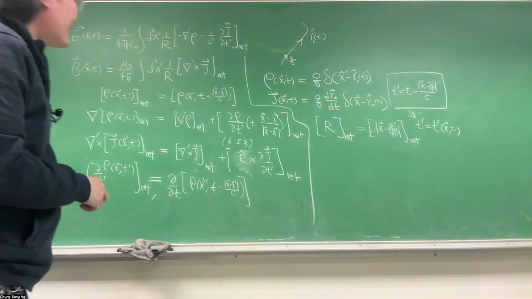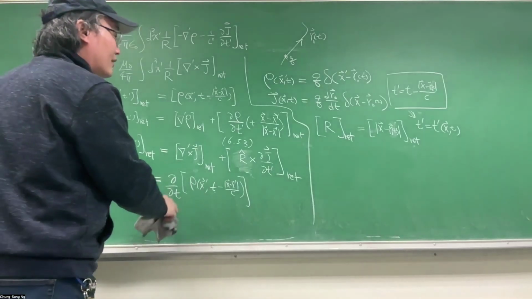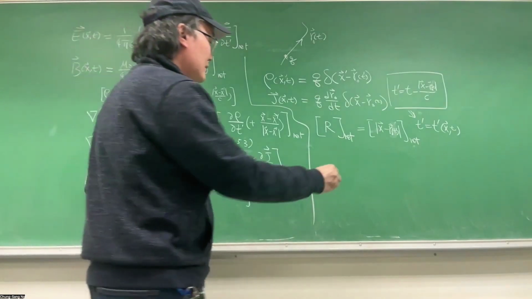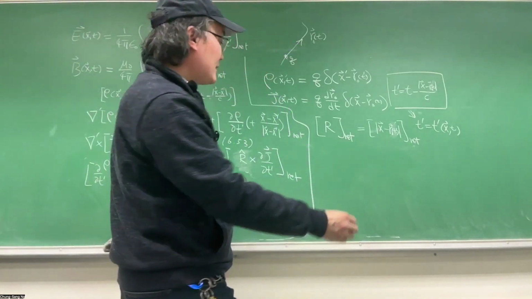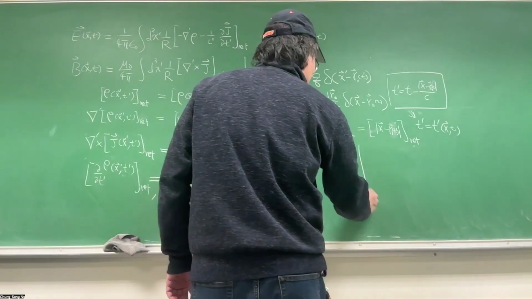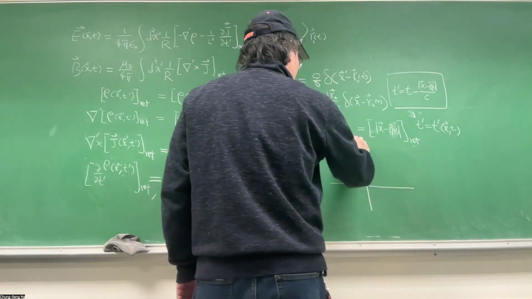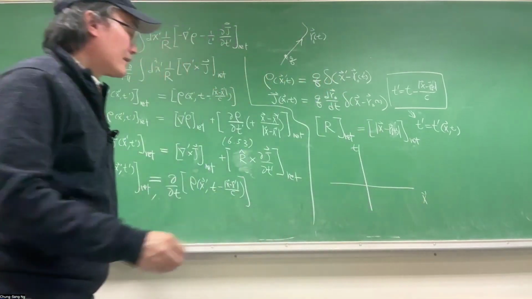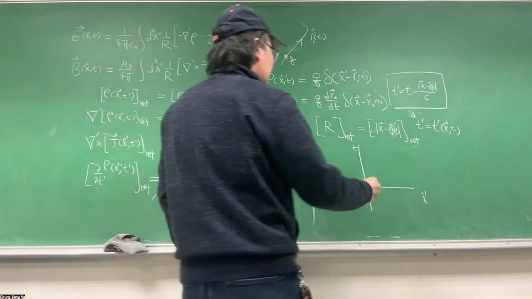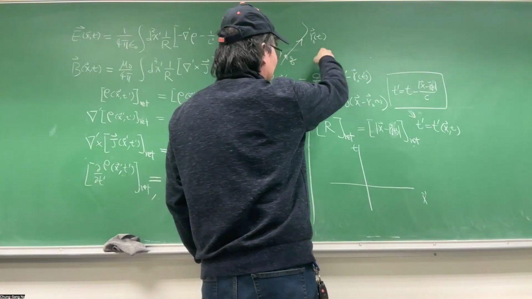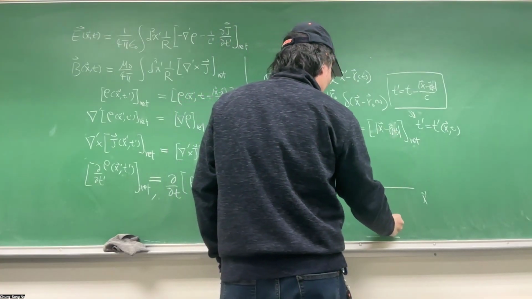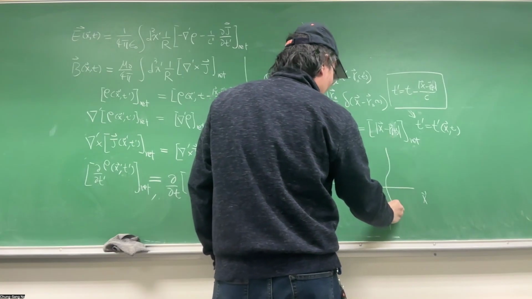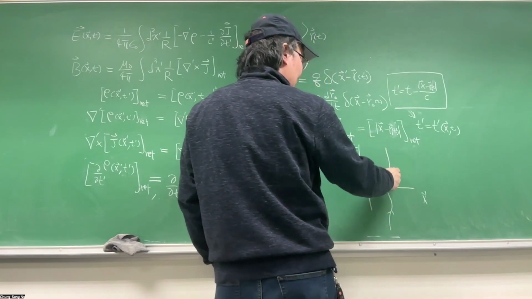Physically or graphically, let me draw here. You can draw the space-time diagram. Again, you have t over here and x, right? Given r sub 0, we have a curve in the space-time diagram.